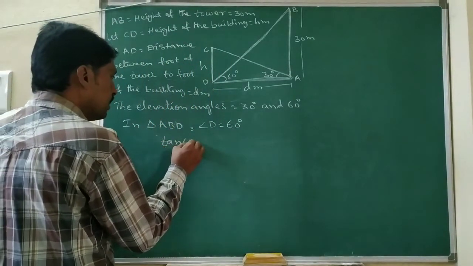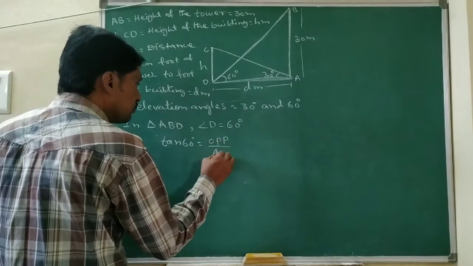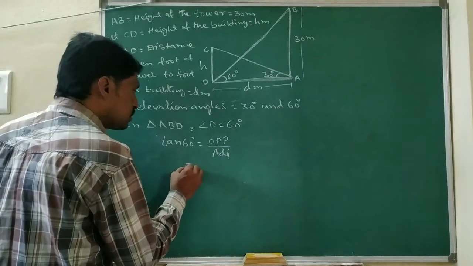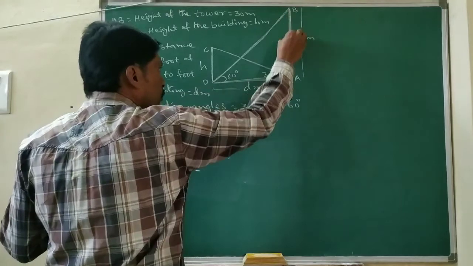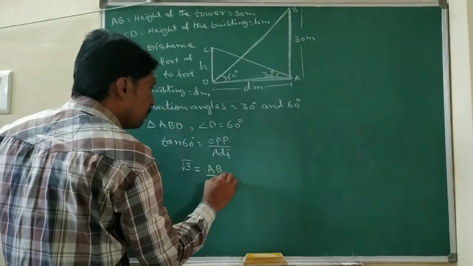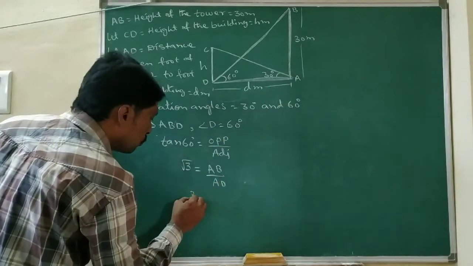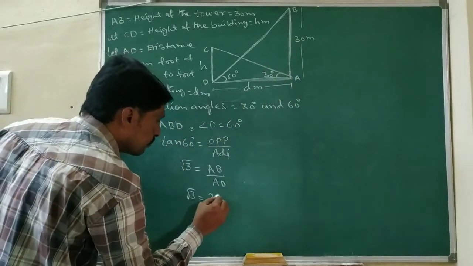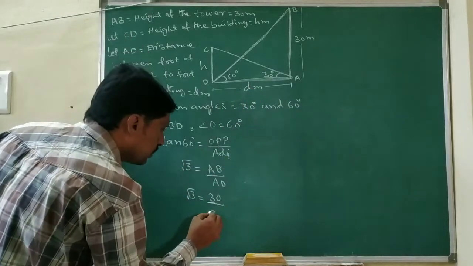Tan 60 degrees equals opposite by adjacent. So tan 60 we know the value. Tan 60 value is root 3, equals opposite. What is opposite here? That is AB, opposite by adjacent is AD. So root 3 equals AB value 30 by AD value, we don't know, that one we took D meters.